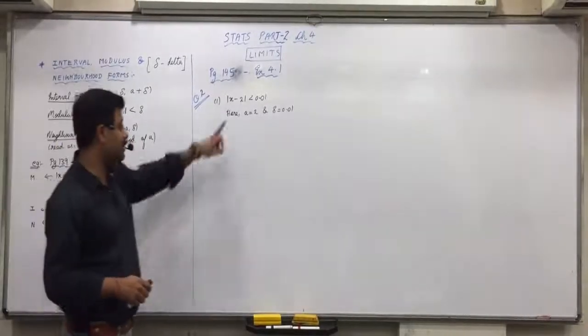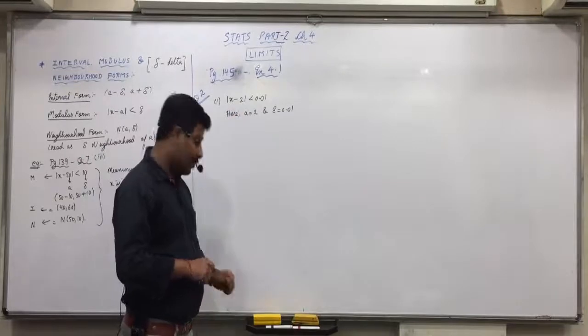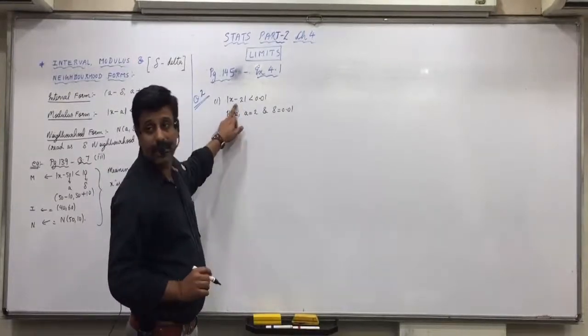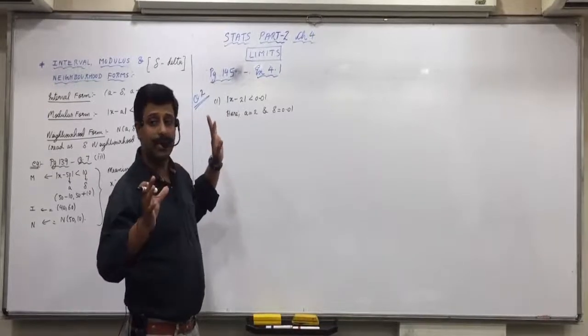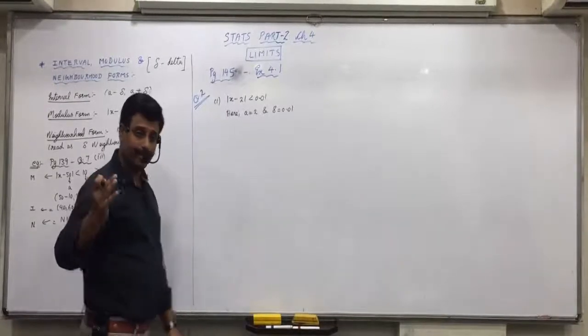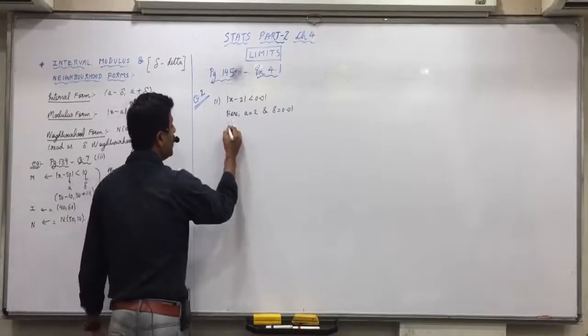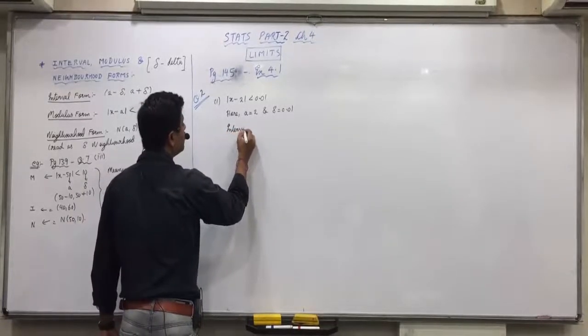In between, if the sign is minus, then a is positive. If the sign is plus, then a is negative, because then minus would become plus. So a would be negative. Okay. Now we are asked interval form and neighborhood form.